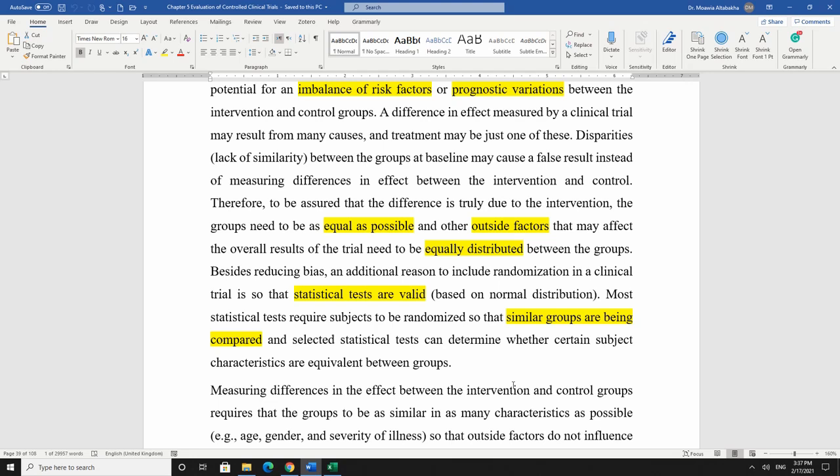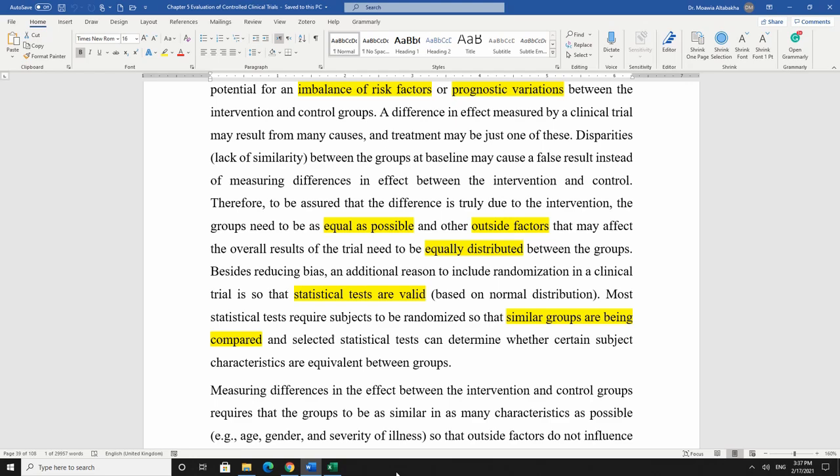Number two, I want the risk factors, for example age, sex, etc., to be balanced in the two groups. I don't want more hypertensive patients in one group than the other. I don't want more females in one group than the other. So I want to balance these things. This is also something I have to consider when I do randomization.